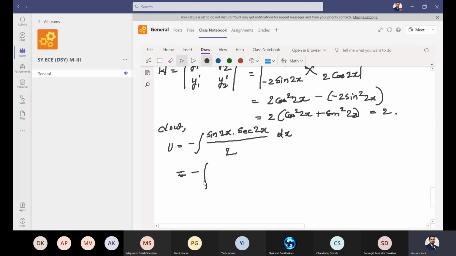This is minus integration. Sec 2x is 1 upon, what is sec theta equal to? 1 upon what is equal to sec theta? Cos. So 1 upon cos 2x.